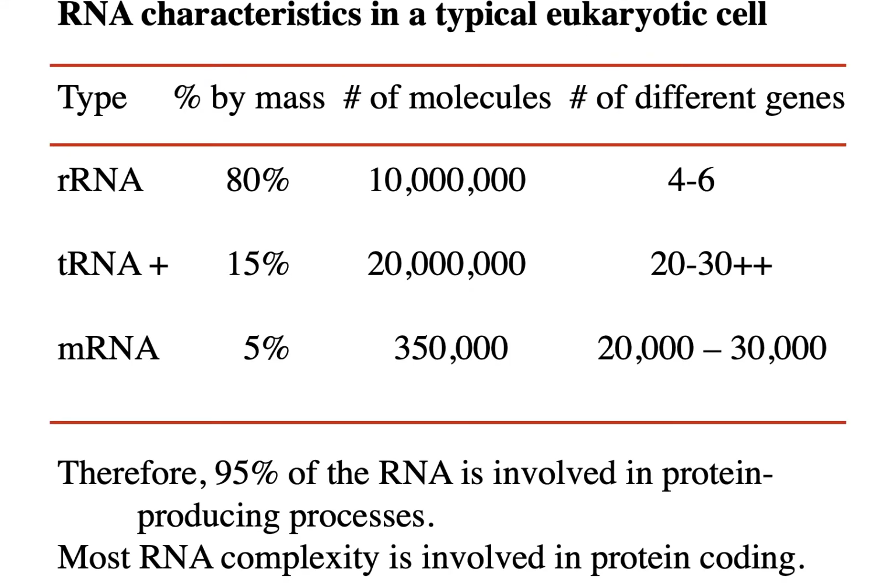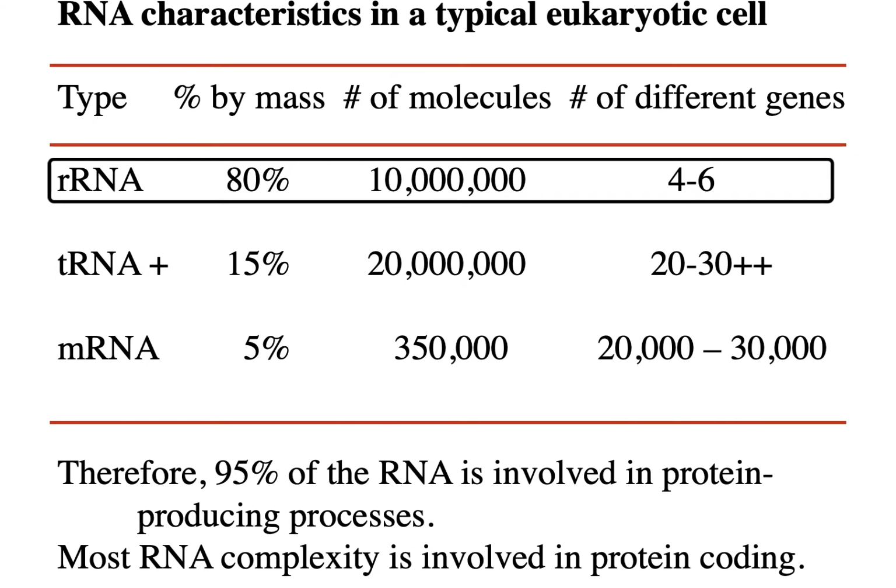This table shows some of the proportions of these polymeric RNAs within a cell. So here's ribosomal RNAs. By mass, it makes up about 80% of the RNA in a cell. About 10 million molecules are present in a typical eukaryotic cell.